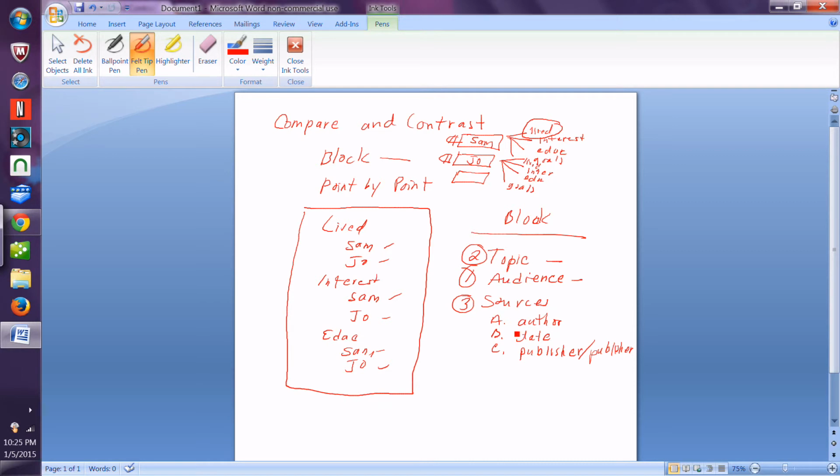And once we have our sources, then we're going to do our outline. And then we're going to write our draft. And then we're going to dress it up. It's pretty much the same process. And we're going to make sure it's formatted correctly.